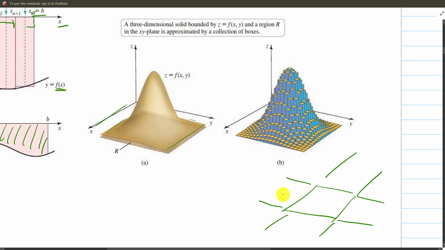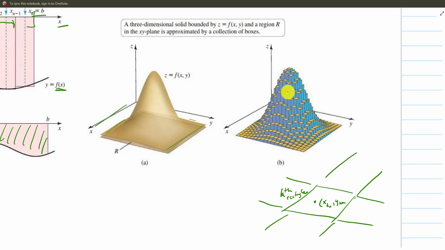So this is maybe the ith, or we'll use the book's notation, the kth rectangle. And what are we going to do? We're going to take some ordered pair from in there, x k star, y k star, and this is in the xy plane. We're going to plug this into the function, and that's going to give us a height that we're going to think of as the height of a column.